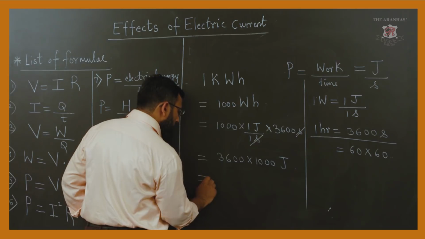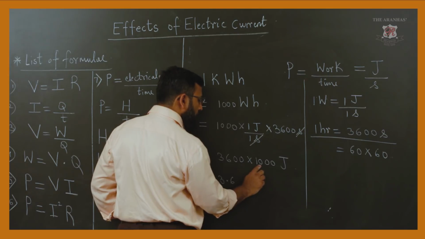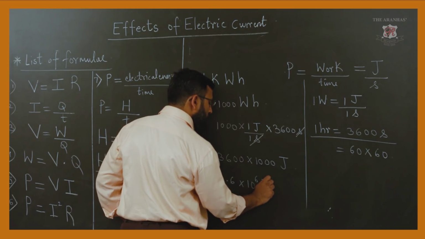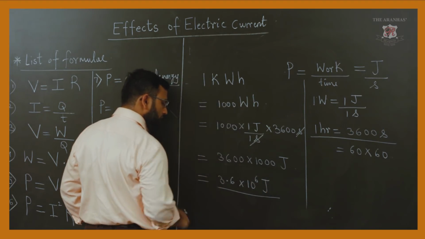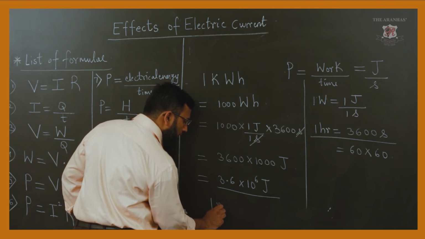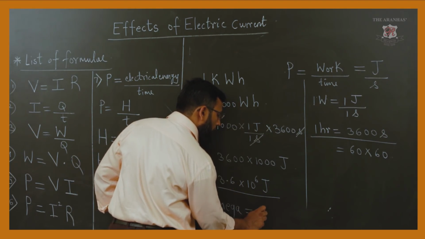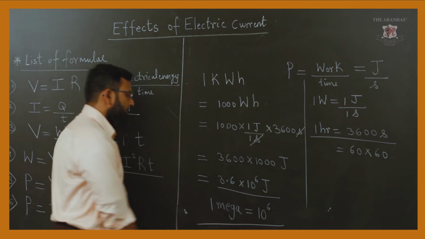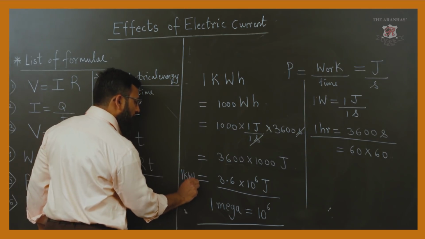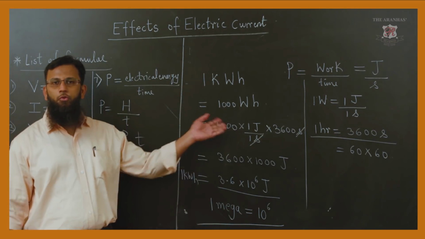So, we can also write it in this form: 3.6, this 1000 and the other 1000 contributes to 10 raised to 6 joules. Also remember one more additional thing, any quantity which is mega is of the order 10 raised to 6. So, we can say 1 kilowatt hour is nothing but 3.6 into 10 raised to 6 joules.